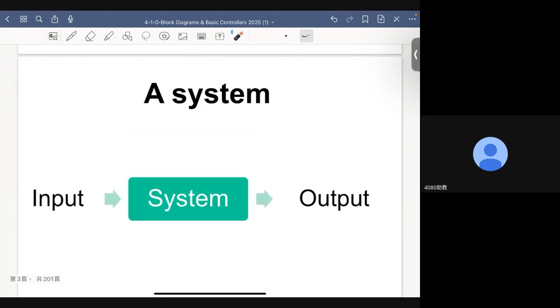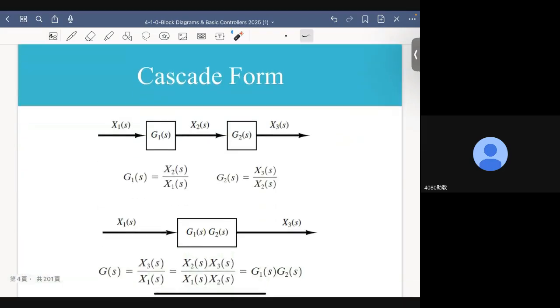Now, we all know what a system is. A system consists of three components: the system itself, its input, and its output. And these systems can be connected in several ways. The first possible configuration is the cascade form.